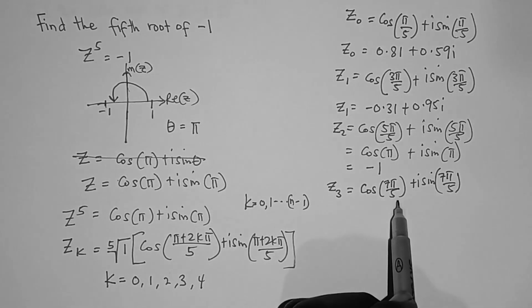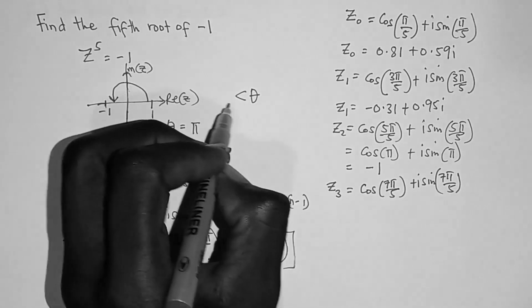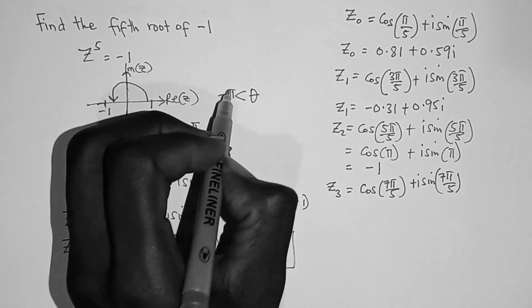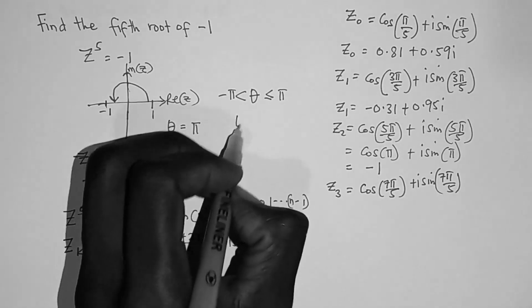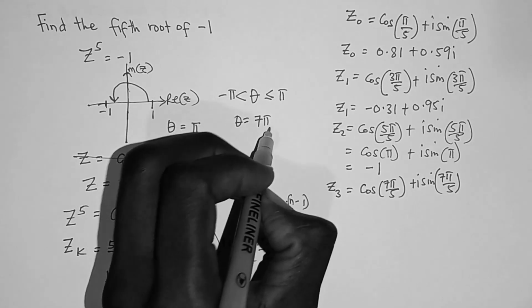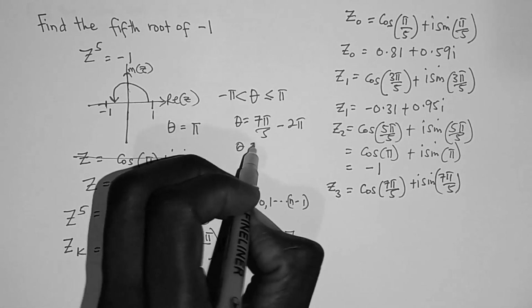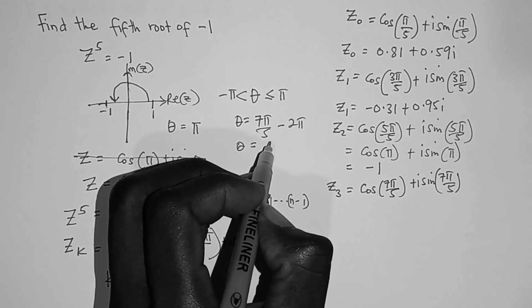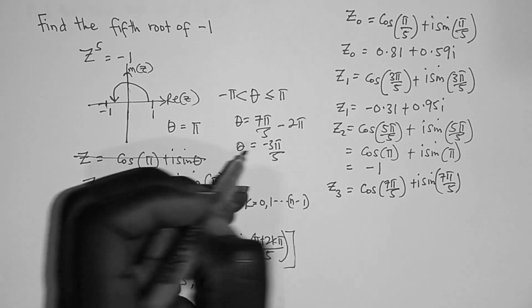However, you see that 7 pi over 5 is greater than pi. But we say that for the principal argument, theta is greater than minus pi, but less than or equal to pi. And therefore, the true value of theta in this case is going to give us 7 pi over 5, then we subtract 2 pi from it. If we subtract 2 pi in this case, we are going to get theta equals minus 3 pi over 5.